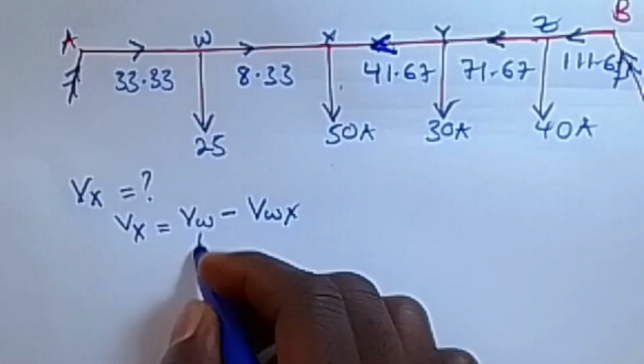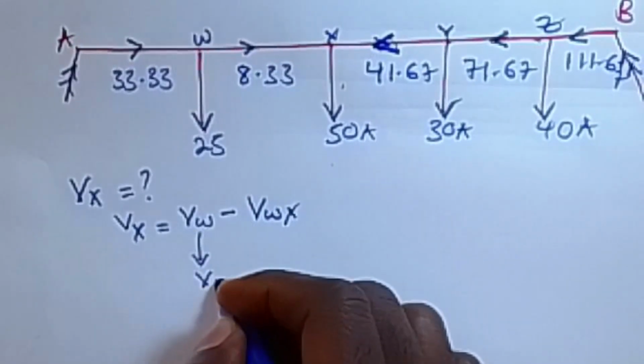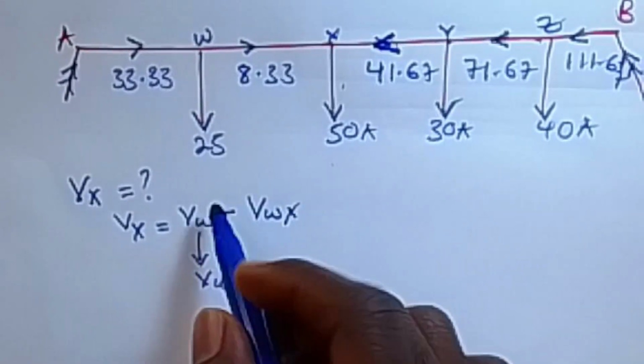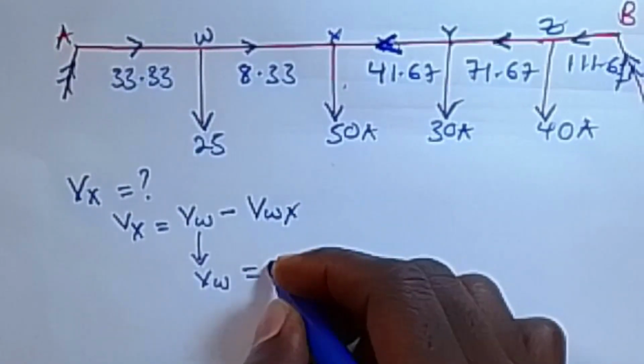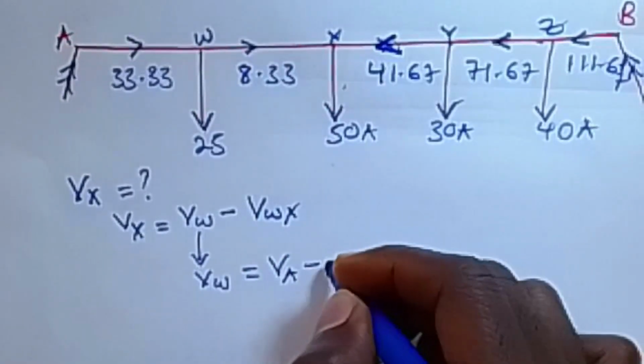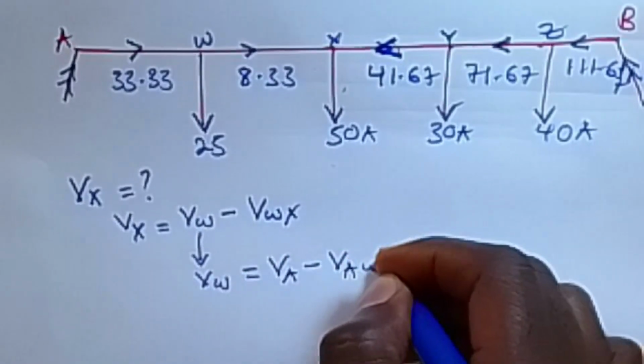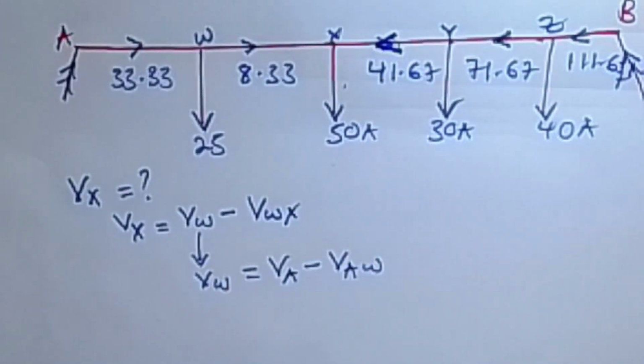So VW will be equal to the voltage at A minus the drop between A and W. Those 2 stages have given us what we shall need to use in order to calculate. So let us proceed and see how this can be got.